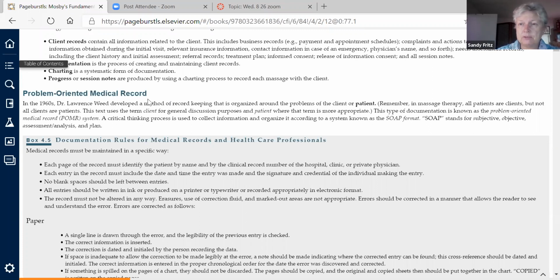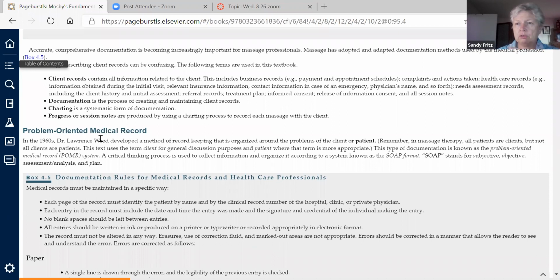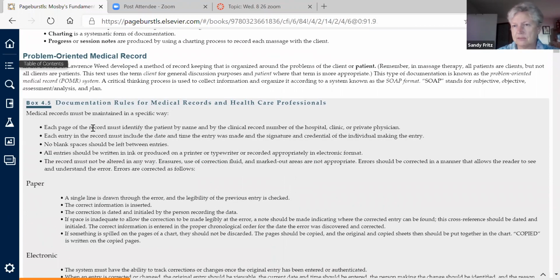At Health Enrichment Center, we teach you on paper. We use a generalized SOAP note to teach you because it follows the critical thinking model and the scientific model. If you can do that type of documentation, you can adapt to any of the other styles that are out there.